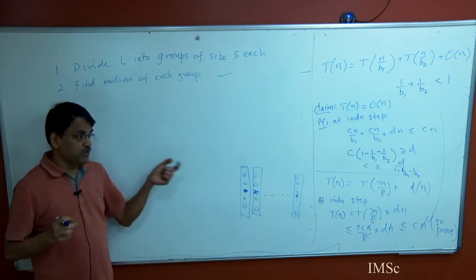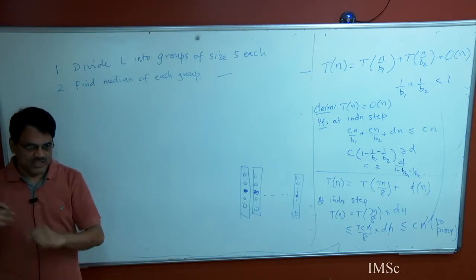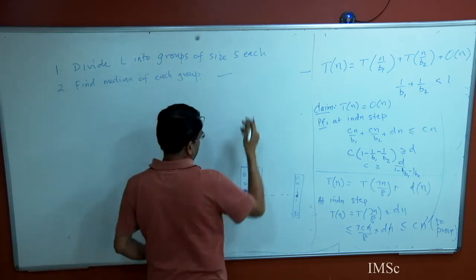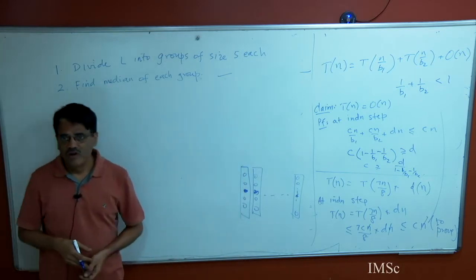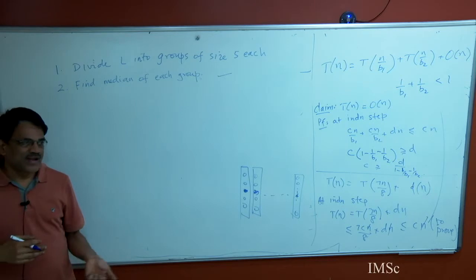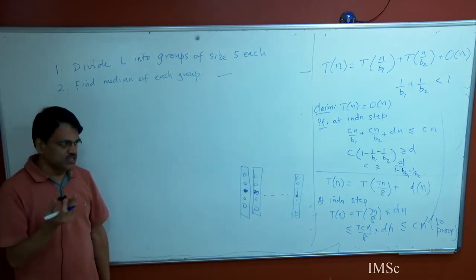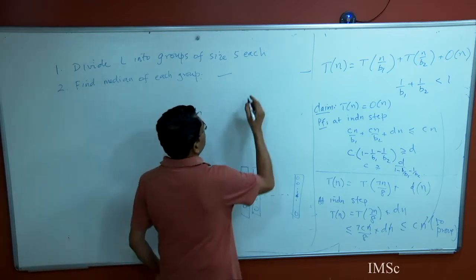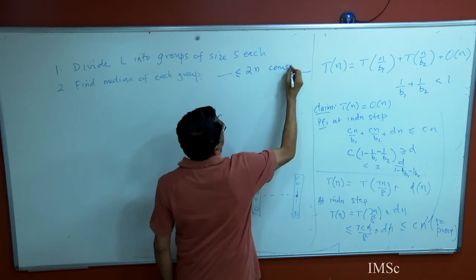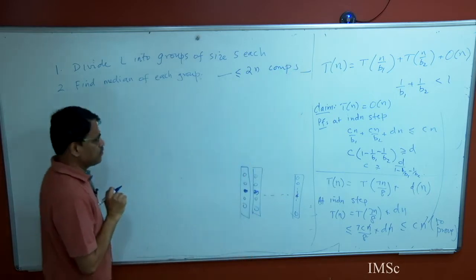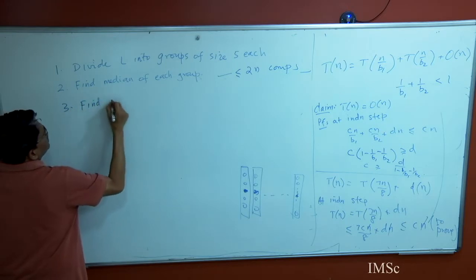Constant for each group. n by 5 into some constant. So it's order n, right? If I say median of 5, we can do 5 choose 2, which is 10 comparisons, even if you make all possible comparisons. 10 into n by 5, so it's like 2n, way below 2n comparisons. Important thing is that's linear. Okay. Step 3, find the median of medians.